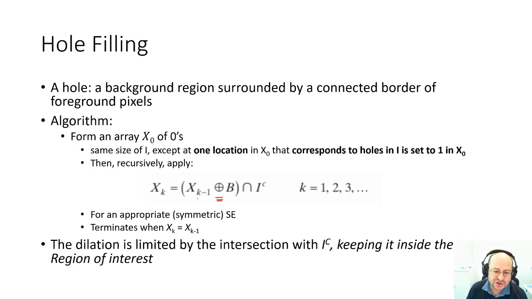It's an incremental dilation. So I'm going to generate a whole sequence of images, image 1, 2, 3, 4, by dilating a single pixel that's part of the hole of an object. Let's think of a donut here.